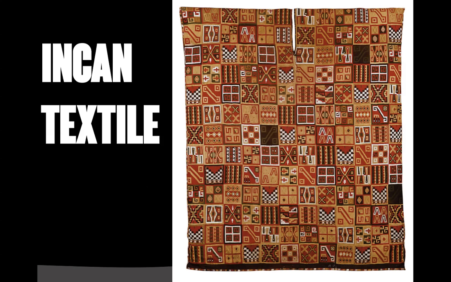It's not really 100% clear to scholars what all the symbols mean, but it's thought that these symbols did in fact mean something. They were symbolic. The llama was a really important part of Inca culture because they were a source of wool to make the textiles.